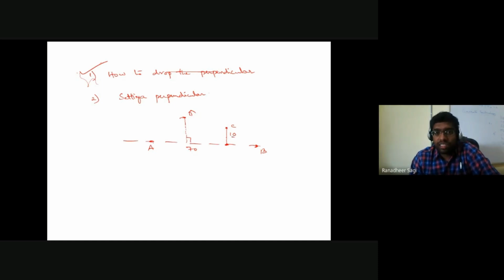So along the chain A to B, if I mark a distance of 70 meters, at that 70 meter point from A along the line AB, I am trying to draw a perpendicular line, or set a perpendicular. How do I set that perpendicular?